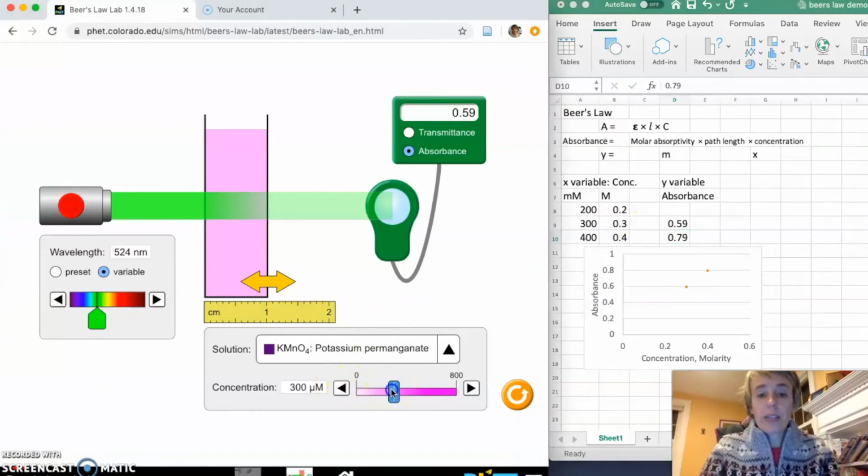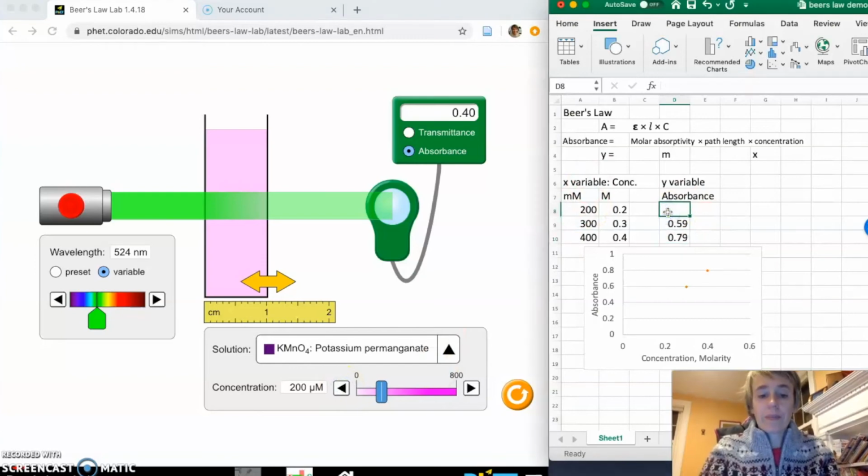And let's bring it all the way down to 200. At 200 micromolar, my absorbance is 0.4. Usually you would use more than just 3 data points, but I think this gives the idea of what we're trying to do here, so I'll keep it simple for this video.